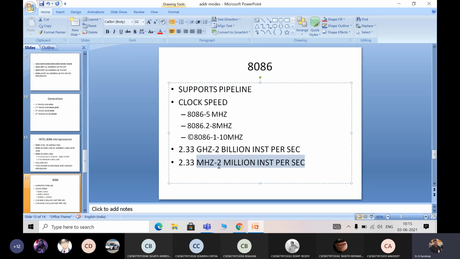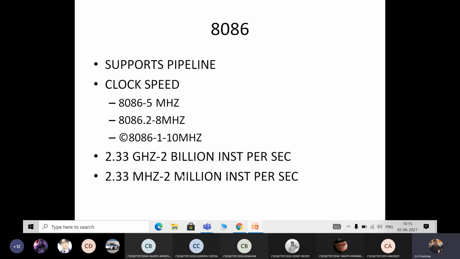There is a lot of difference between the megahertz and the gigahertz, which we see in our mobile phone configurations. Especially in laptops, we see 2.5 gigahertz and 3.2 gigahertz, and octa-core processors with 2 gigahertz speed in mobile phones.